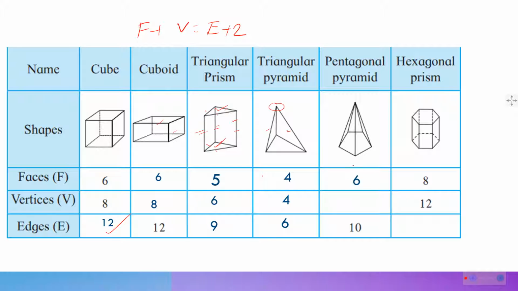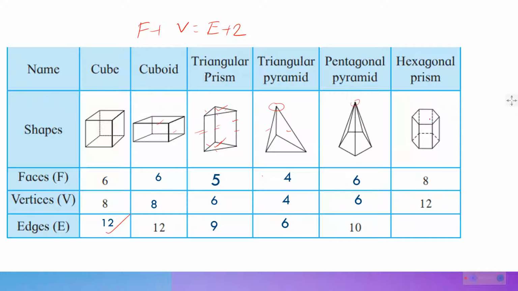As far as the pentagonal pyramid is concerned, 5 on the bottom and naturally 1 vertex on top, so the faces will be 6, and naturally you will have 10 edges. Here is a hexagon, a 6-sided figure.